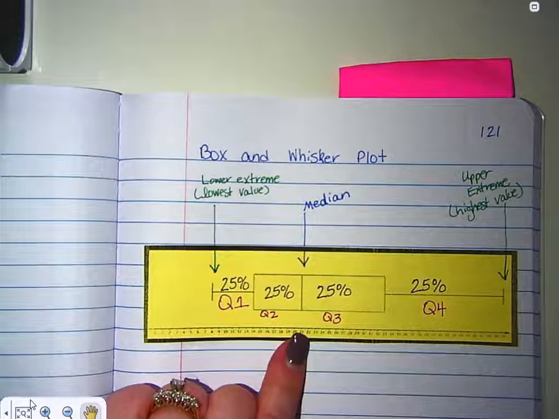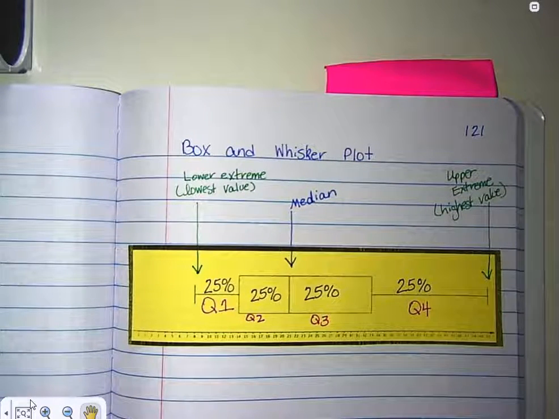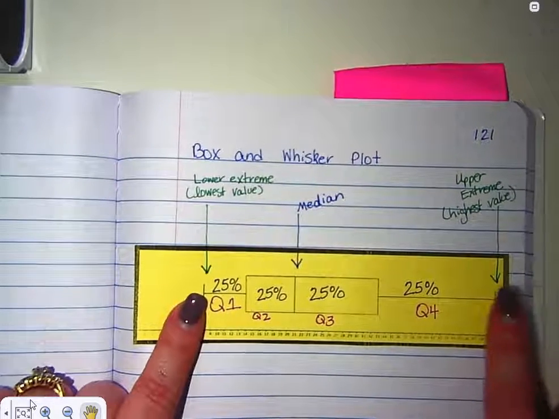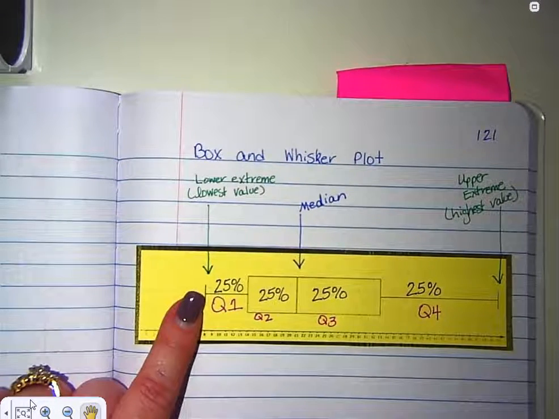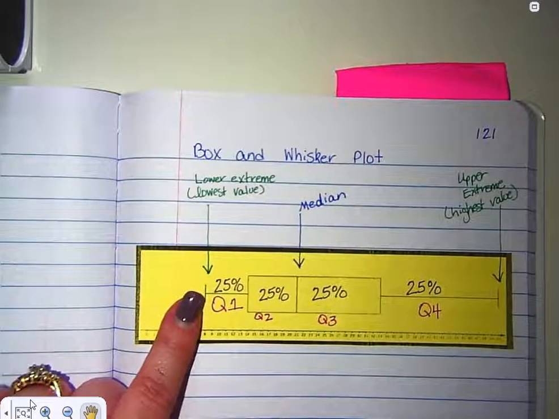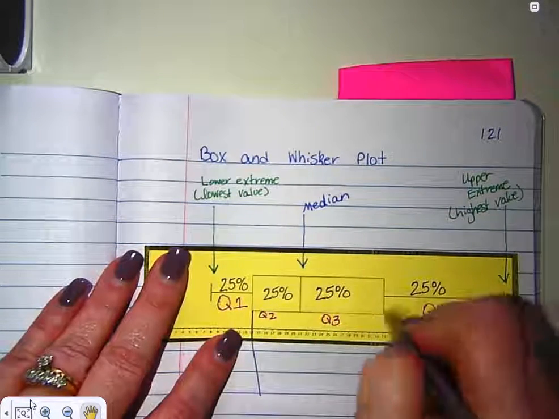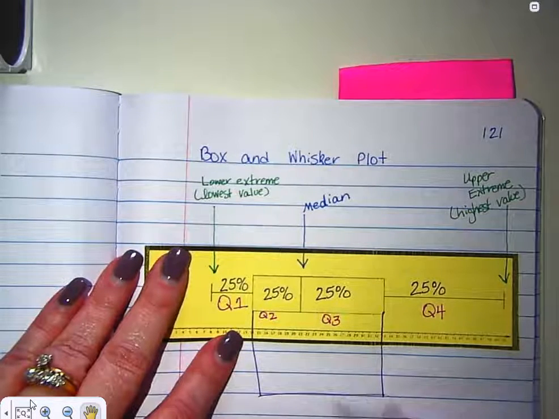Yes? Are you raising your hand? No. Okay. All right. Now, we've talked about how we could find the range. The range was the highest minus the lowest, but there's another kind of range. Anybody remember what that is from last year?